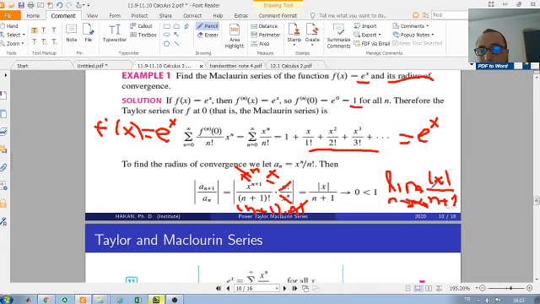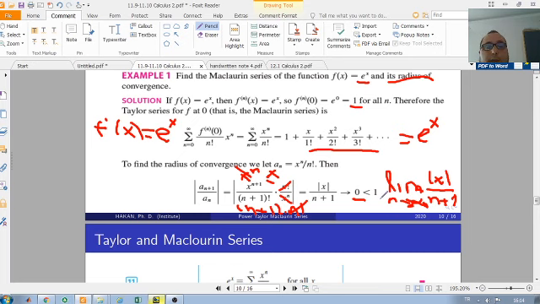Therefore, we consider the variable x, which is the variable of the function, as a constant. Therefore, any constant over infinity, if you write infinity for n, becomes 0. Therefore, its limit will be equal to 0 by considering the variable x as a constant for the limit.